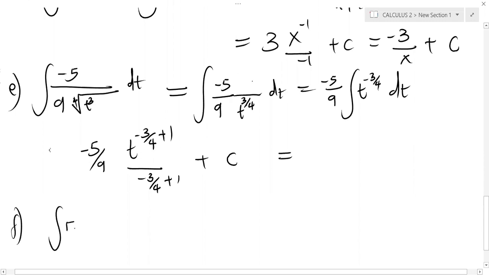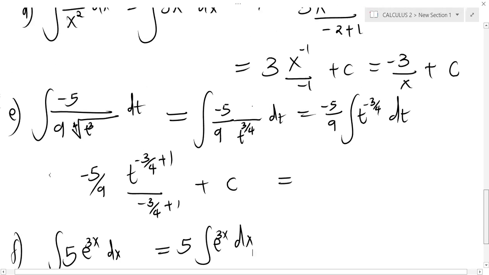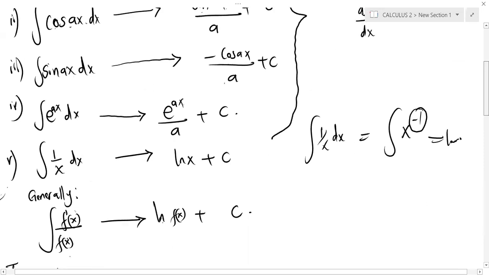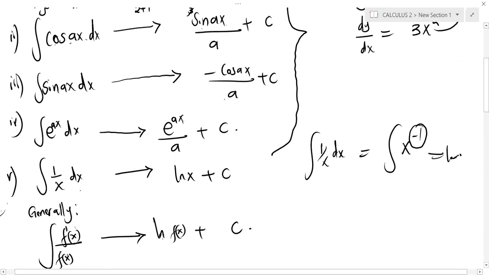Okay, let's take up the integral of this. What is the integral of 5 exponential 3x dx? From the standard form of integrating, you can write 5 outside and then you have the integral of e^(3x) dx. Look at the standard way of integrating an exponential function here. If you have exponential ax, the integral is given by exponential ax over a plus c.